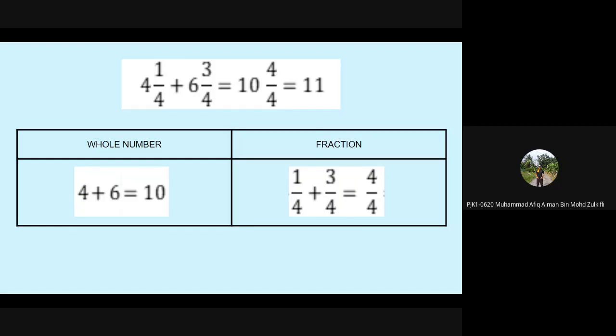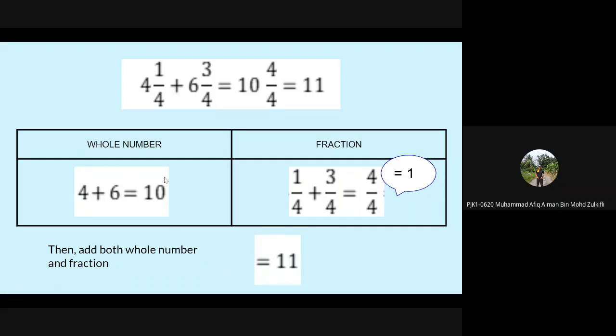So it will be the same. And then we know that 4/4 is equal to 1. And then we add both the whole number and fraction, and we will get the answer 11.